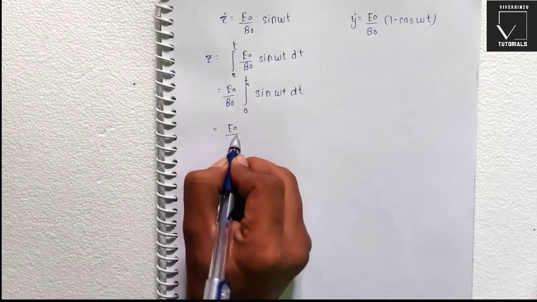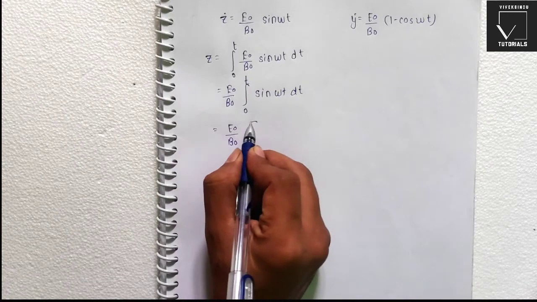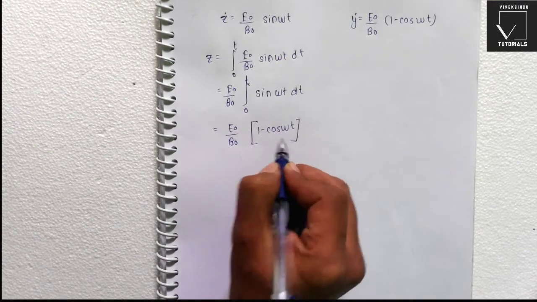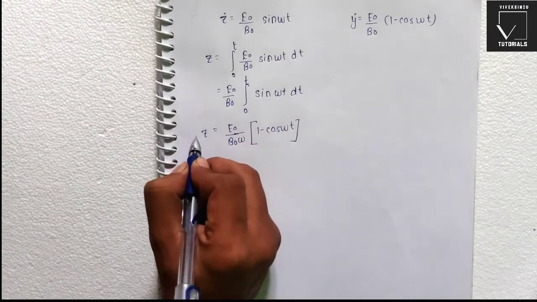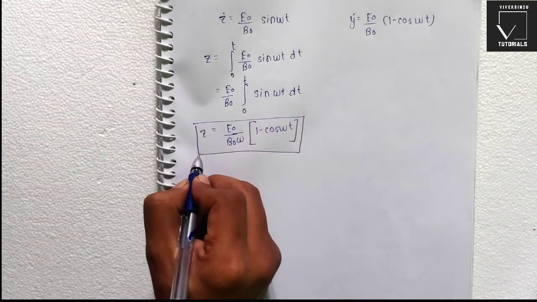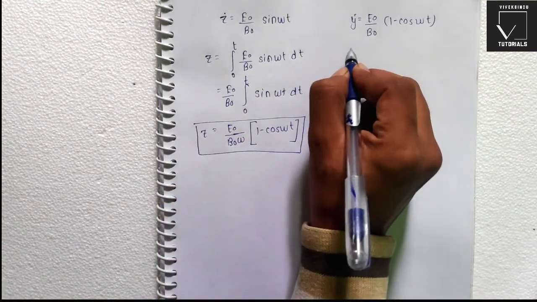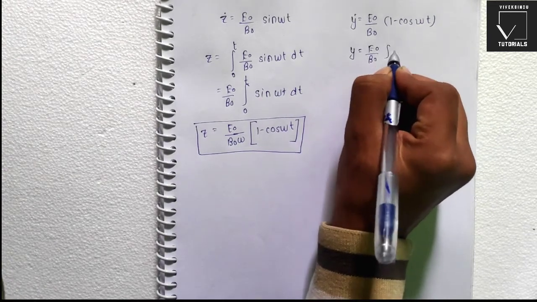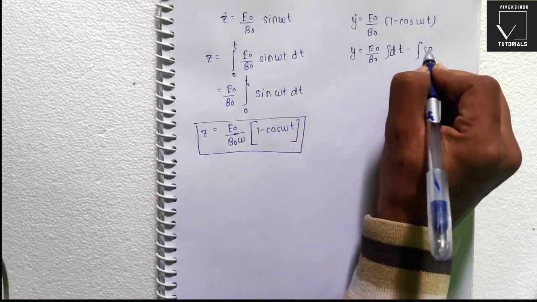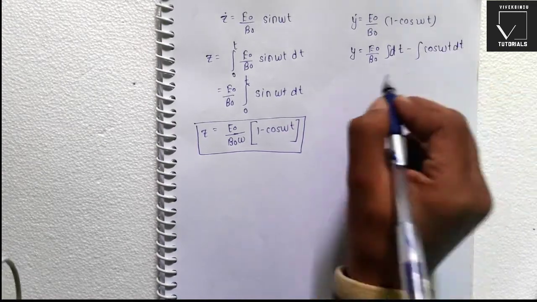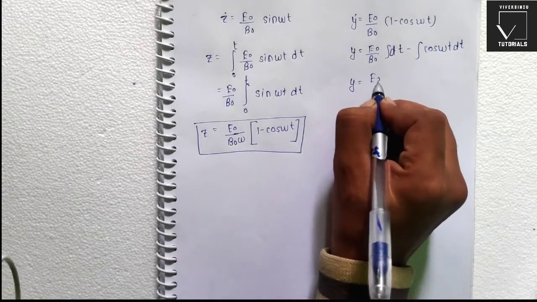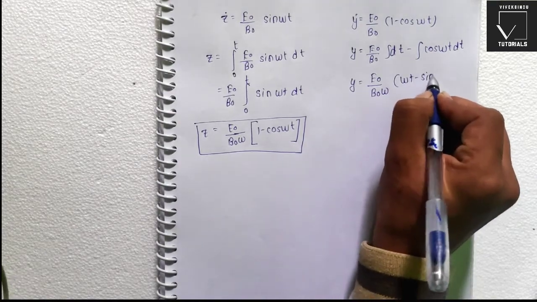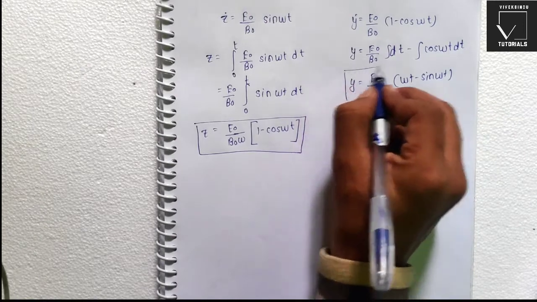So we get z is equal to E naught upon B naught (1 minus cos omega t). So we get this equation for z, and for y dot let's integrate this equation also with respect to time, and we get E naught upon B naught integration dt minus integration cos omega t dt, and y is equal to E0 upon B0 (omega t minus sine omega t). So we get these two equations.